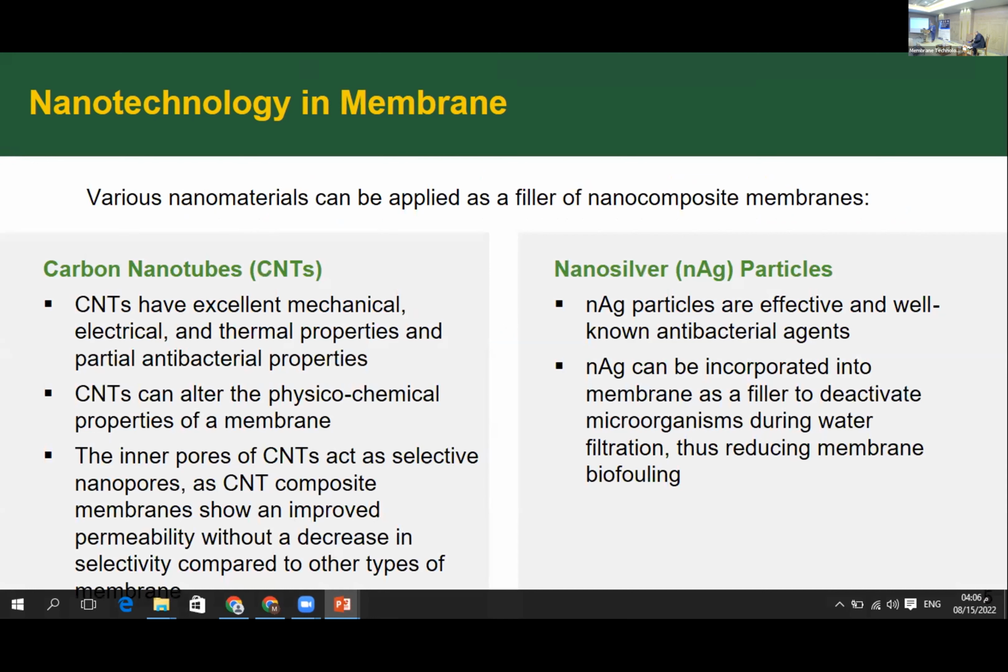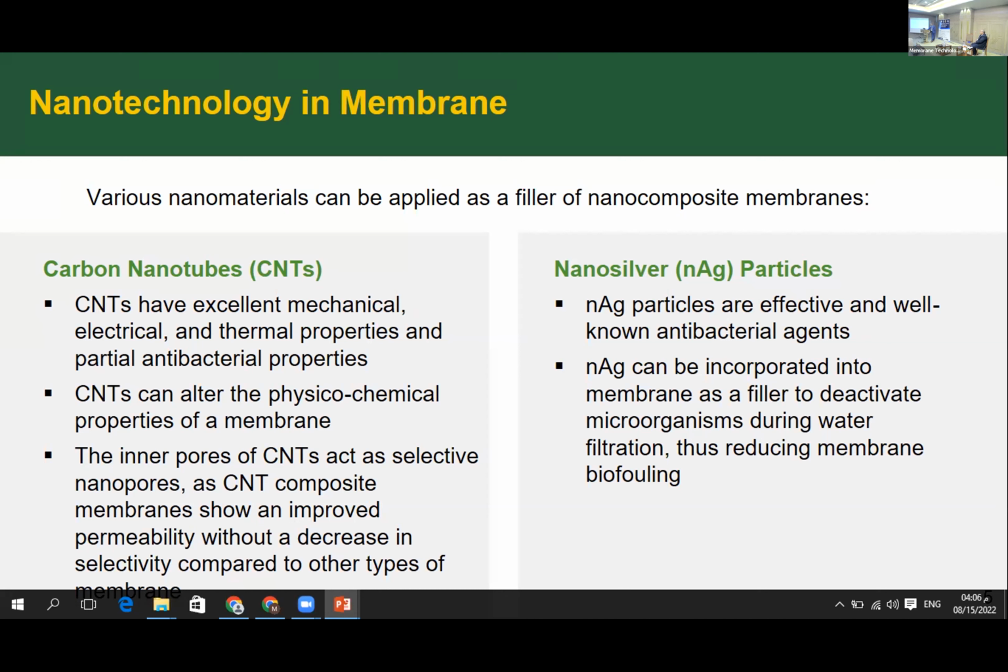Regarding the various nanomaterials that can be applied as a filler of the nanocomposite membranes, you can have two major families: carbon nanotubes, or CNTs, or nanosilver particles. Regarding the CNTs, they have excellent mechanical, electrical and thermal properties and partial antibacterial properties.